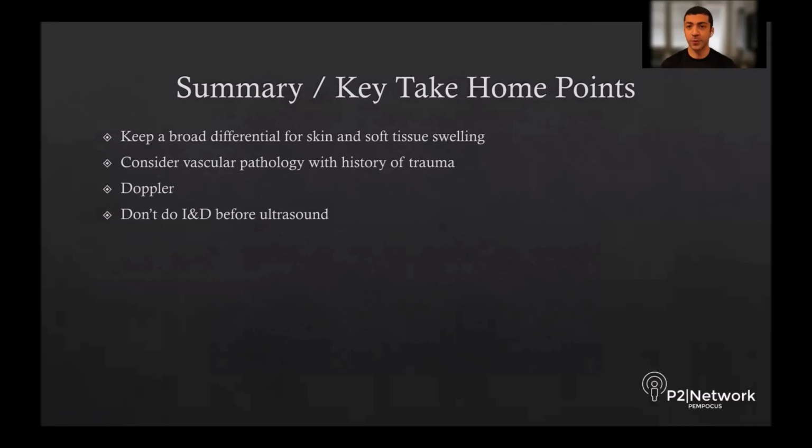And then always put color Doppler with any skin and soft tissue exam, as it will help you differentiate between vascular lesions that you should not do an incision and drainage to, or an abscess that you can do an incision and drainage. And finally, if there is any doubt, just get a comprehensive ultrasound and look further into the lesion.